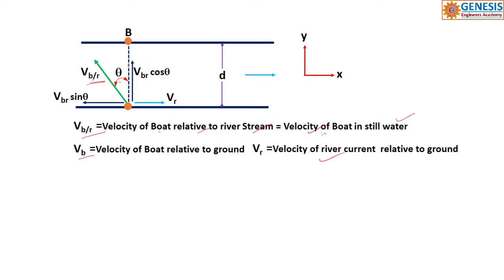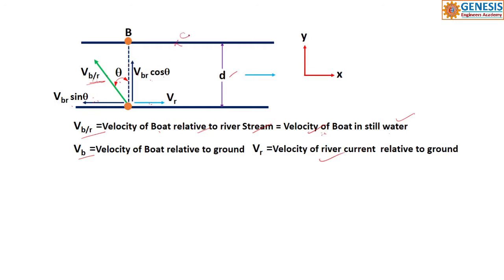Next, resolving this inclined vector VBR into horizontal and vertical components, the horizontal becomes VBR sin theta and the vertical is VBR cos theta, and D is the width of the river. This is VR, the velocity of the river current, stream or water. There are possible cases also.